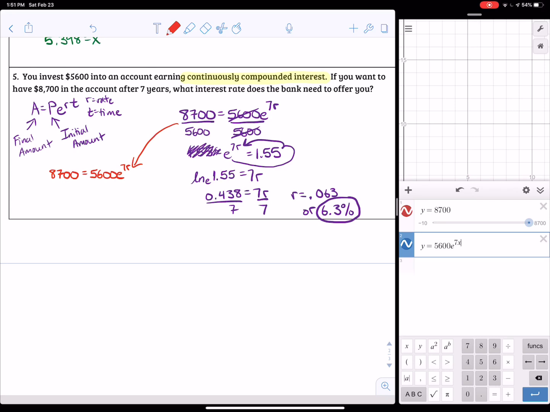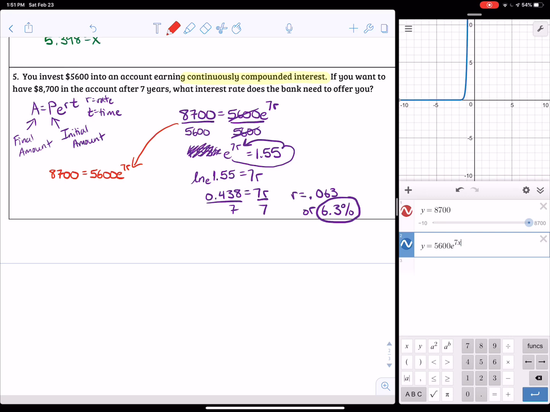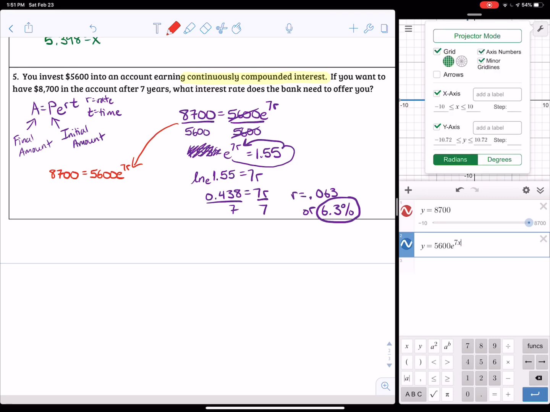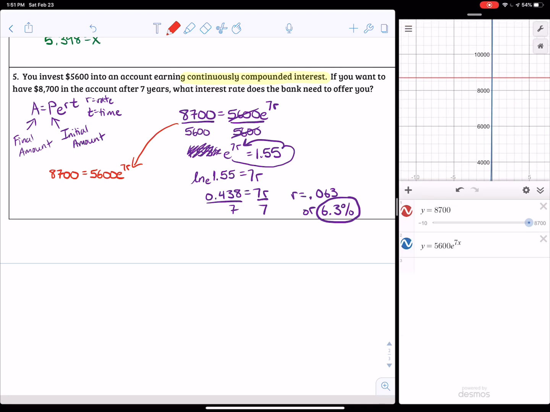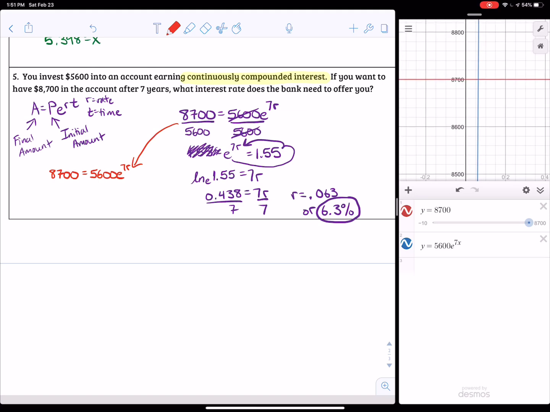And then notice we can't see it on the screen, like we can't see the red function of 8,700. So go to that little wrench and let's put in, let's say 9,000 maybe. See if we can find it. There it is. Okay, and then we just need to find where they touch. And we get 0.063, which gives us the same rate.